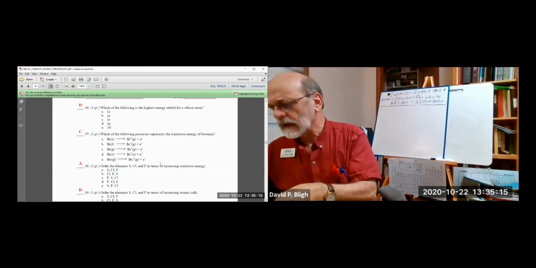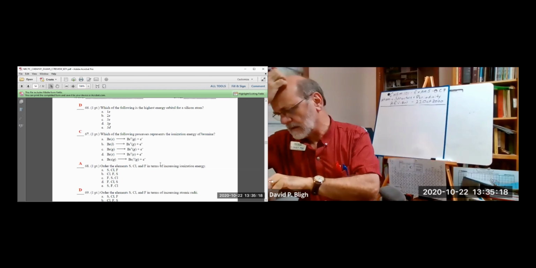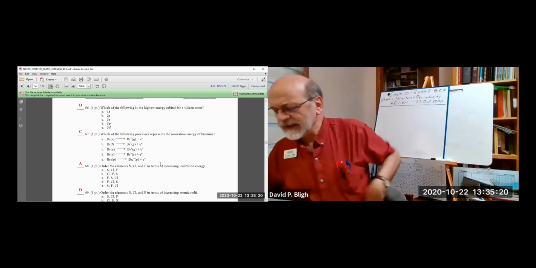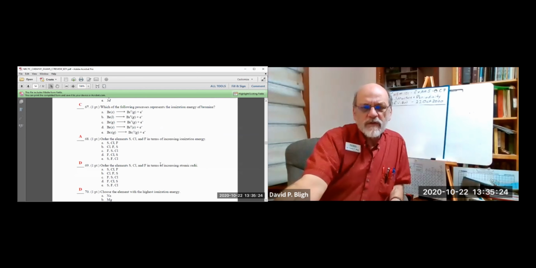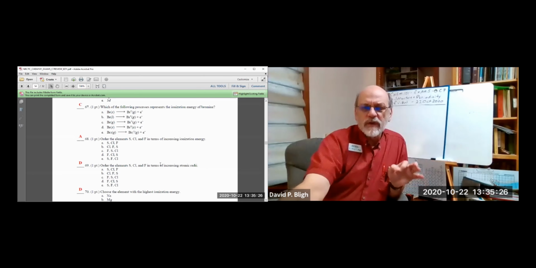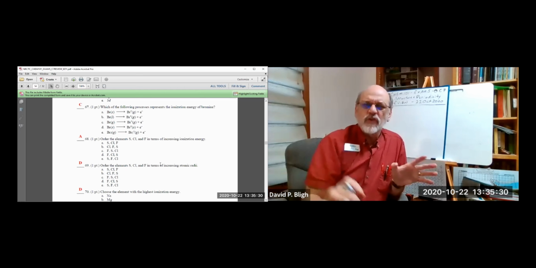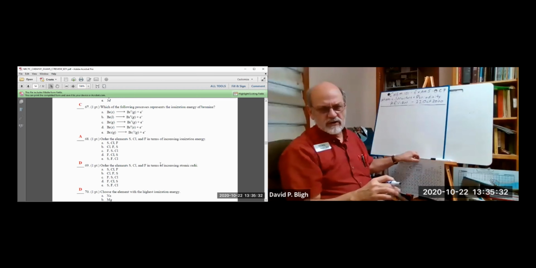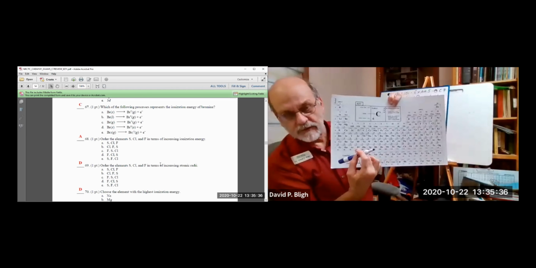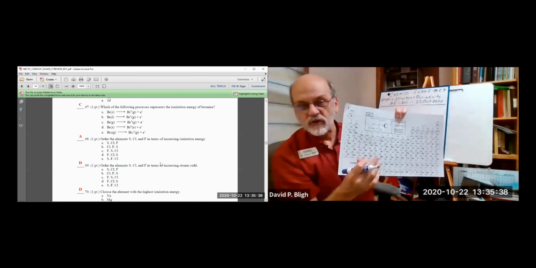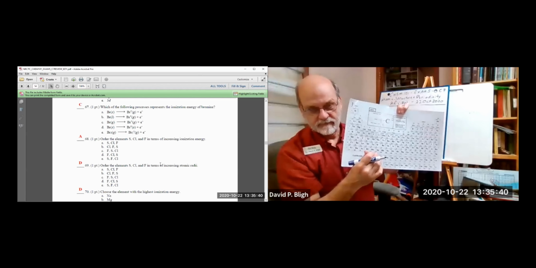All right, let's see. Periodic trends. I guess we can do this one pretty quick. Order the elements sulfur, chlorine, and fluorine in terms of increasing ionization energy. So what's the trend for ionization energy on the periodic chart? Lower left to upper right, increasing ionization energy.